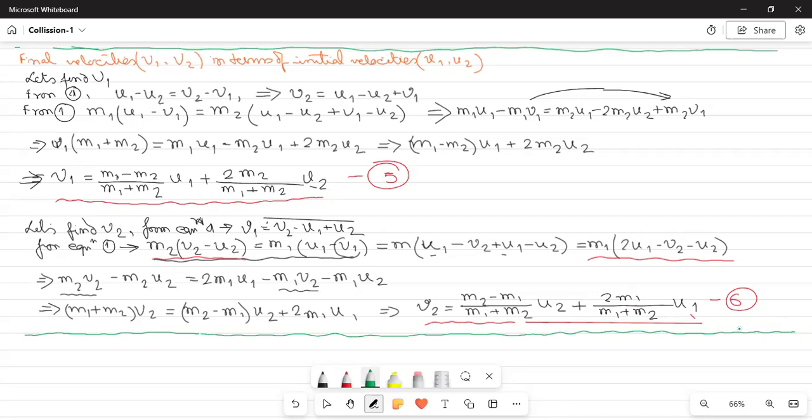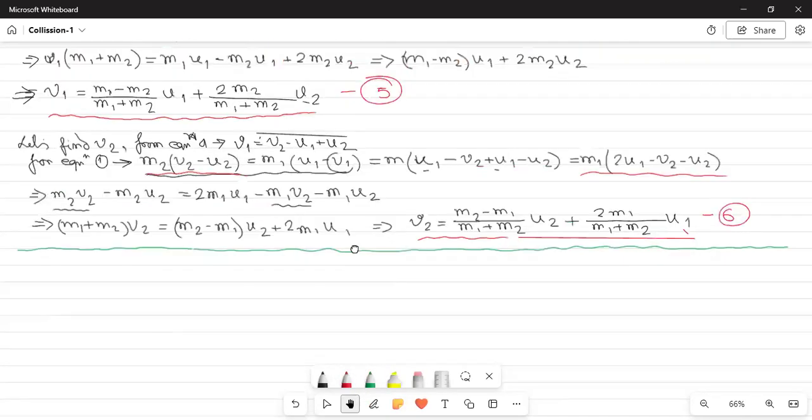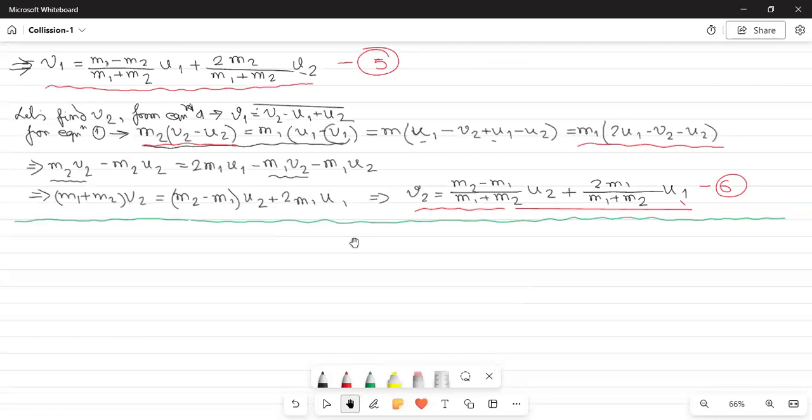Now, we have a few minutes left in this class. We shall try to find out some special cases. These special cases are of more importance.